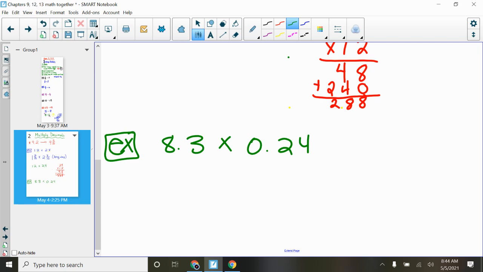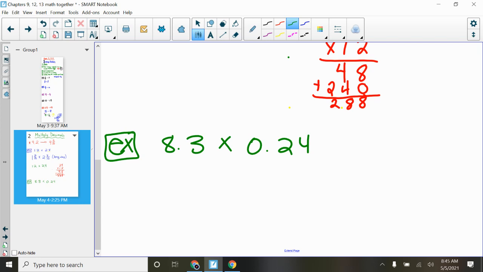So real quickly, how many of you are choosing to take the short way to solve this thing? So you're going to just multiply these as numbers, right? So if I remove the decimal from the first number, what number would that become, everybody? 83. If I remove the decimal from that other number, what would it become? It would just become a 24.